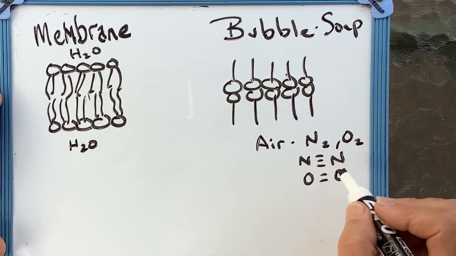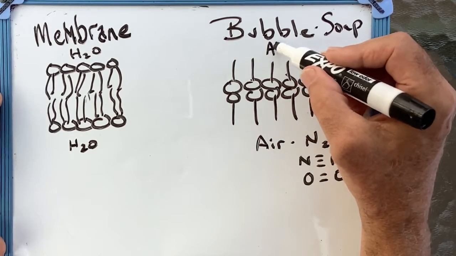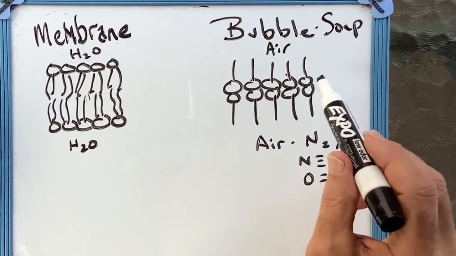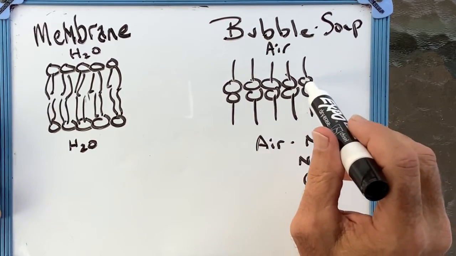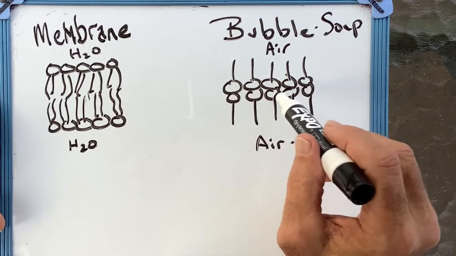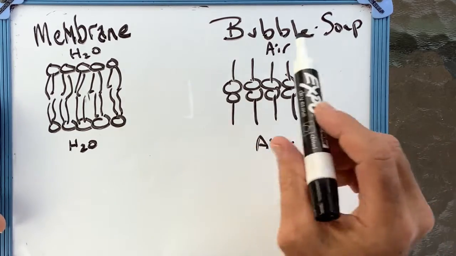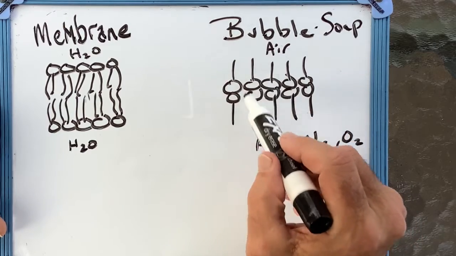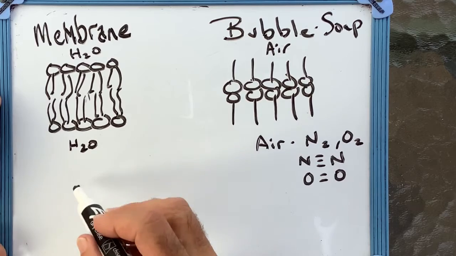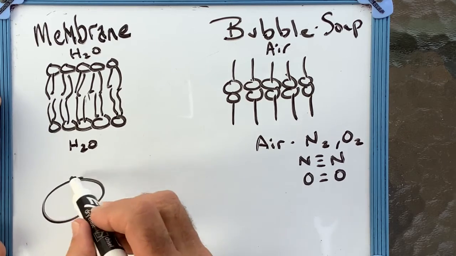They're both nonpolar, so air is nonpolar. So when a soap bubble forms, you get the salty acid inside here. The hydrophobic part is inside, and in contrast to membranes, the hydrophobic part is pointing to the outside.